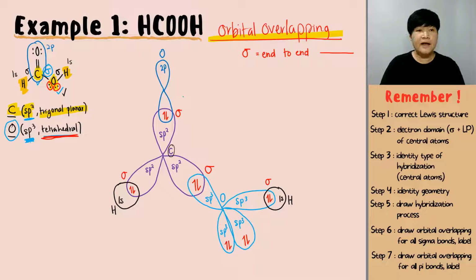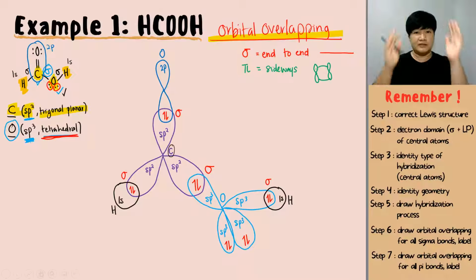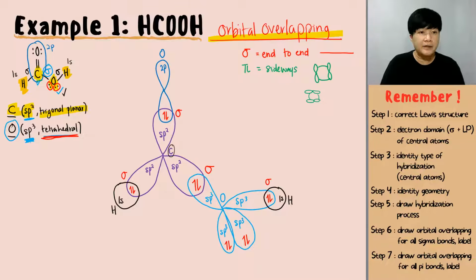Okay, next we are going to draw the pi bond. If you remember, a pi bond is a sideways overlapping and the p orbitals must be parallel to each other. So it's either like this, like this, like this, or it can be even like this. Remember? We are going to draw a pi bond between the carbon and also the oxygen, the pi bond over here.